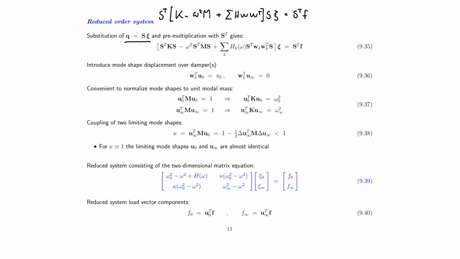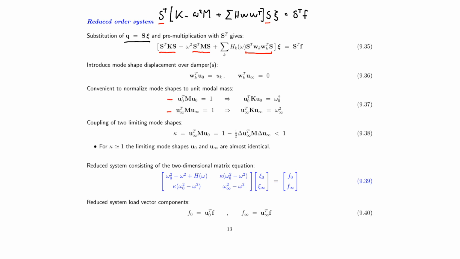Then I multiply from the left with transposed S and from the right with S into my brackets. And that means I'll get my modal stiffness matrix, my modal mass matrix, and I get these components here with S multiplied onto my connectivity vector. Now I'm going to normalize my mode shape U0 and U infinity so that modal mass in both cases is equal to unity.